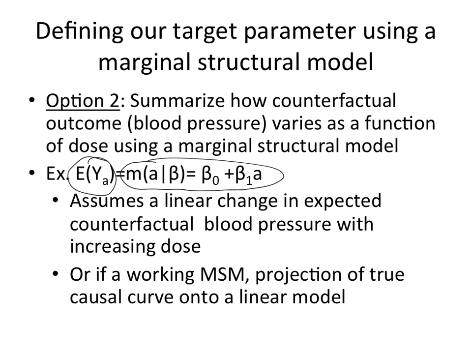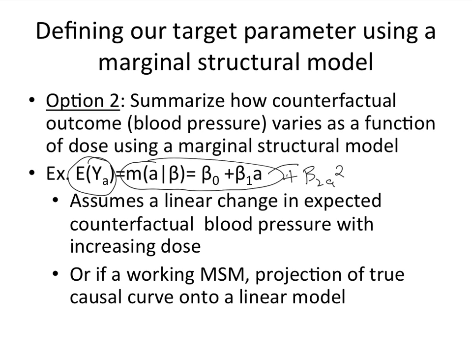And smoothly can be as simple as a line, or it can be more complicated. It can be quadratic, et cetera. It doesn't mean it has to be linear. You can fit a marginal structural model that's quadratic. I could have a beta 1 A plus a beta 2 A squared if I wanted, et cetera. It's as simple as that. It's just a different parameter.